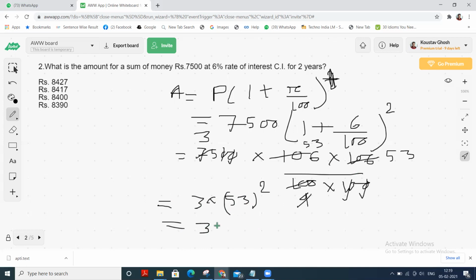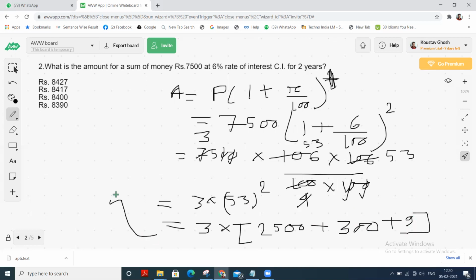Okay, so 3 into 50 square, that is 2,500 plus 2 into 50 into 3, means 2 into 50 is 100, 100 into 3 is 300, and 3 square is 9.